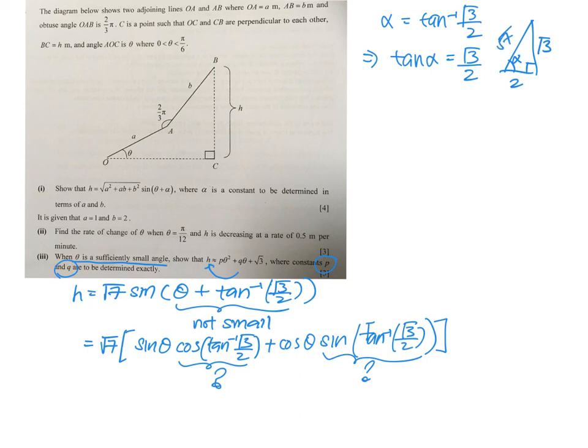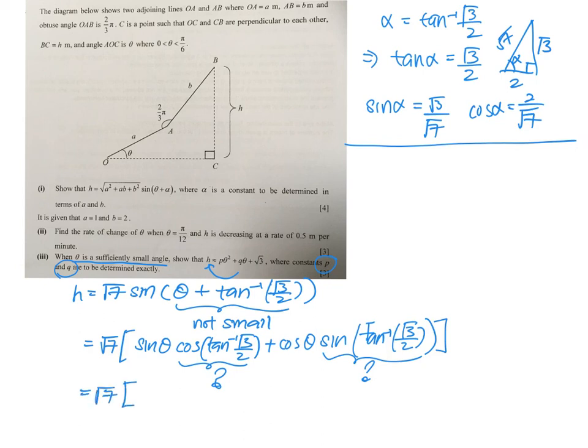With this right angle triangle, we can figure out that sine alpha equals root 3 over root 7, as well as cosine alpha equals 2 over root 7. With these exact values known, we can put them back.